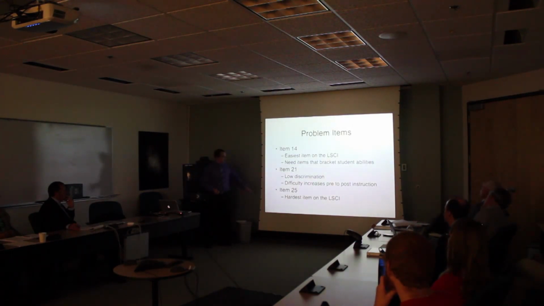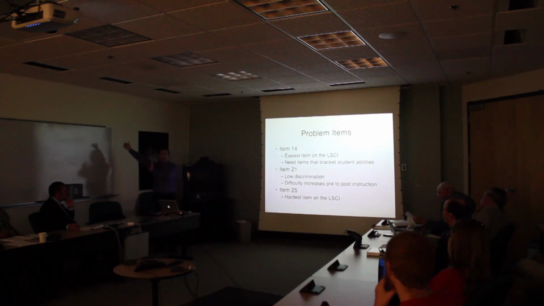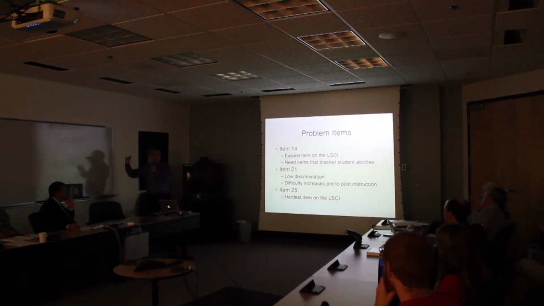That doesn't seem right. And item 25, it's the hardest item on the LSCI, and we think that it should be kept because you need something that brackets the top people. Did they actually achieve this level, or did they guess their way up and just get a fairly high score? And so it's a good question to bracket their full understanding.